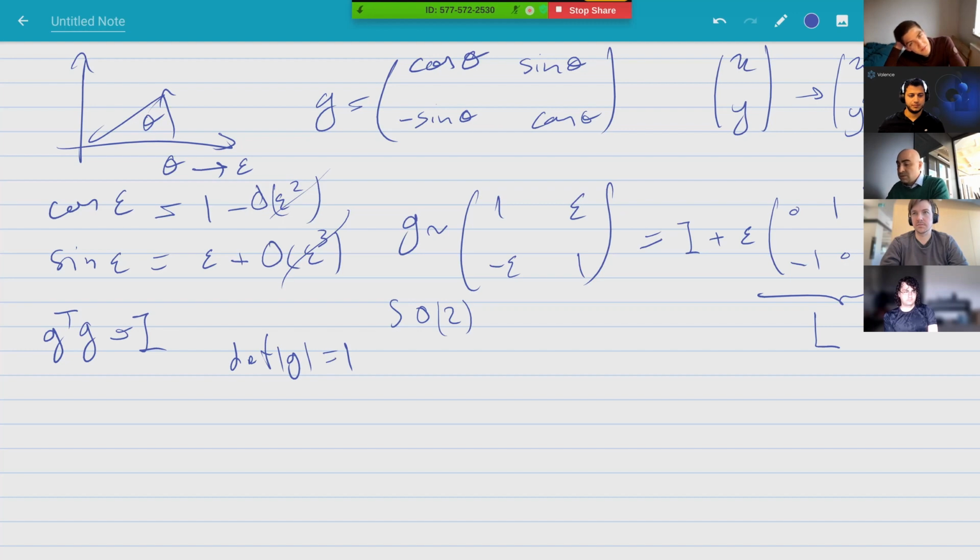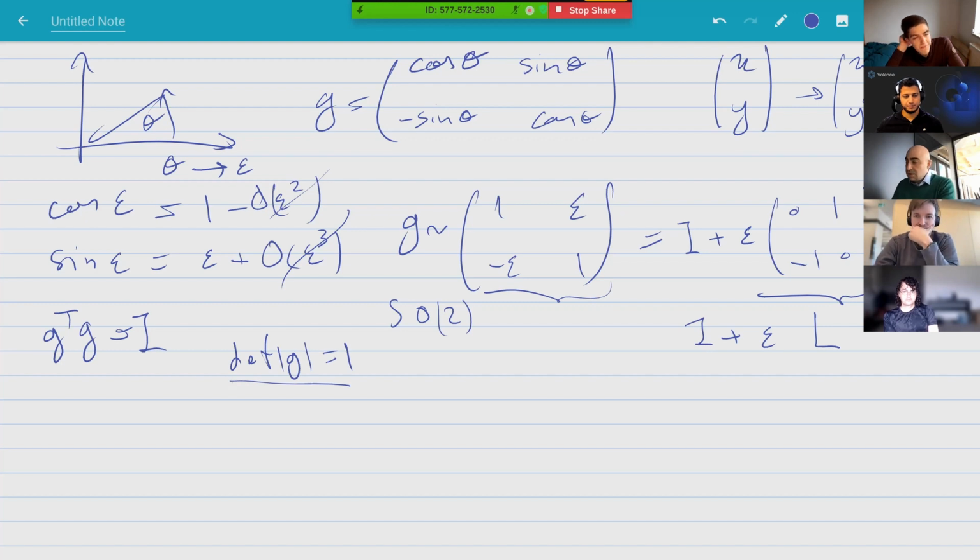So this group is the group of rotations in 2 dimensions. If you look at infinitesimal group elements, they can be written as identity plus epsilon times this matrix that I'm calling L.